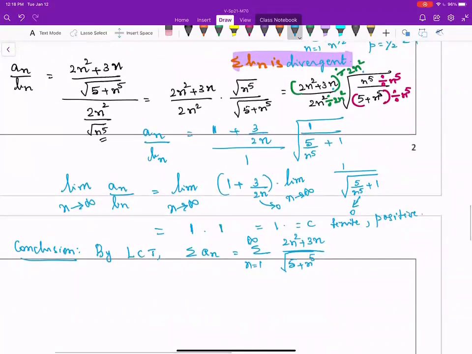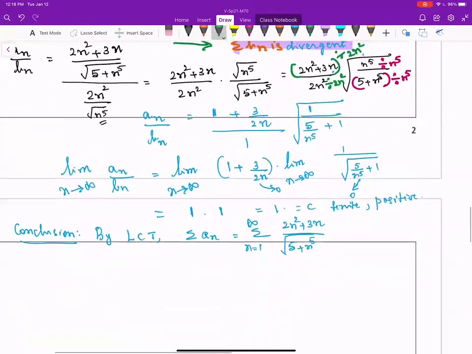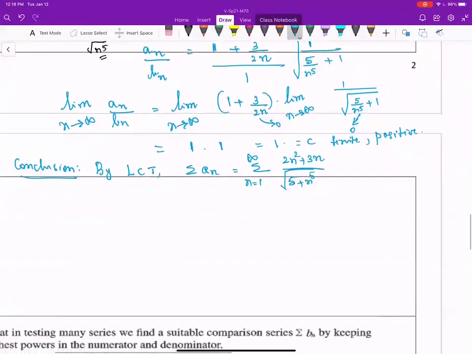In this case, the behavior is the same. Already we stated that sigma bn is divergent. So this one is also divergent.